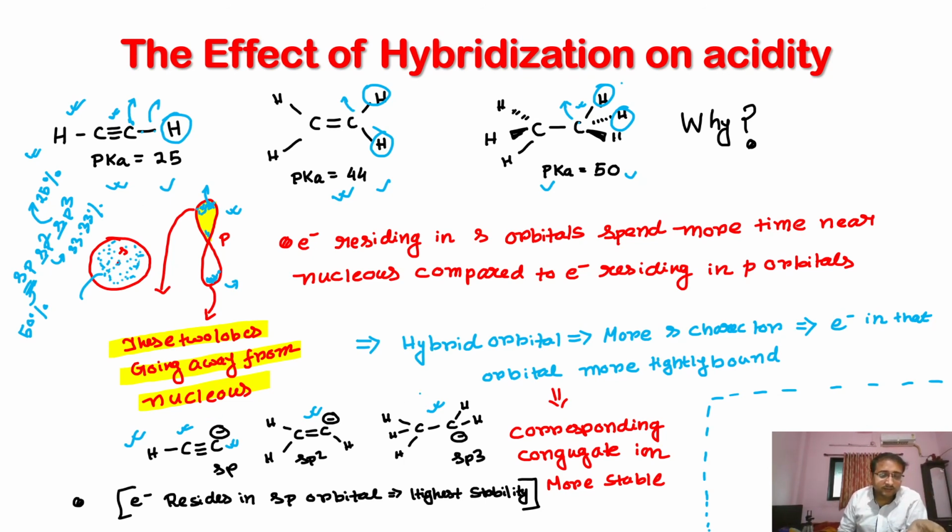On the other hand, this is the acid, and this is its conjugate base. As this carbon atom is sp3 hybridized, this electron will not be so tightly bound by the nucleus, so it has higher energy, the conjugate base is not so stable, and that's why this acid will be much weaker in nature. So this is the effect of hybridization on acidity.